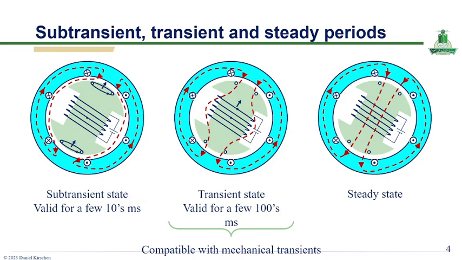These steps reflect how electrical quantities evolve over time and gradually settle after disturbance. The classification is also consistent with mechanical transients, showing the close interaction between electrical and mechanical dynamics in power system stability analysis.